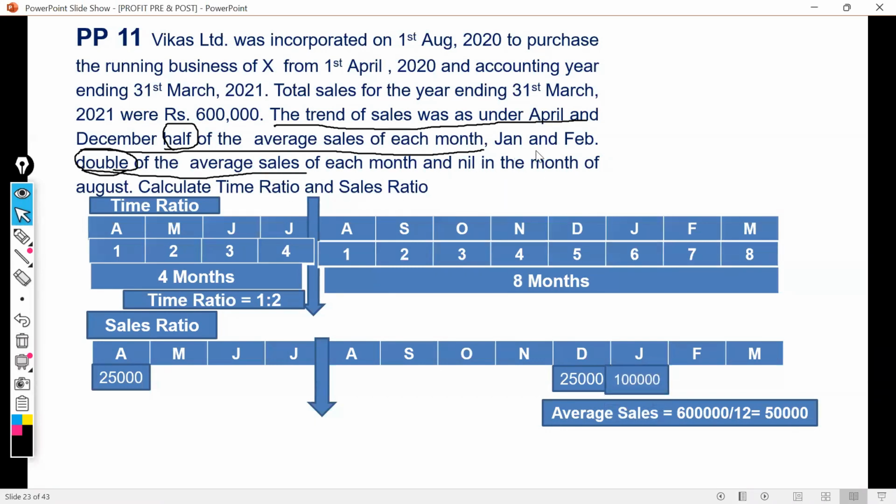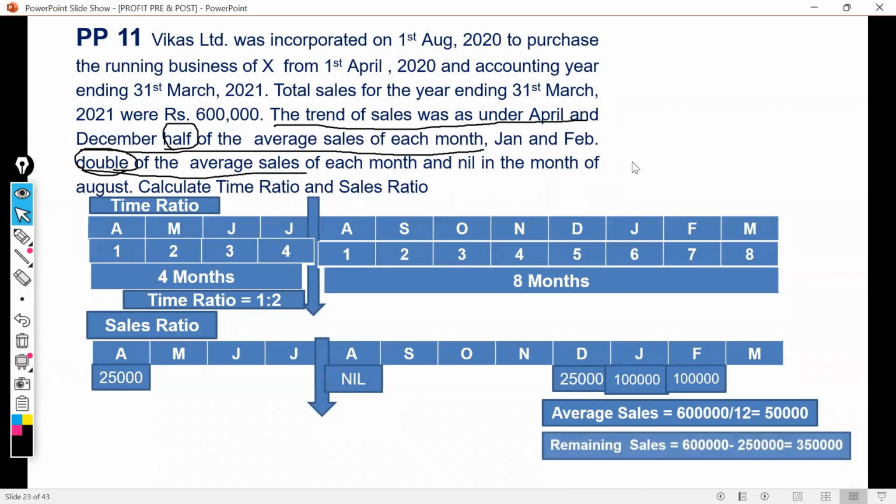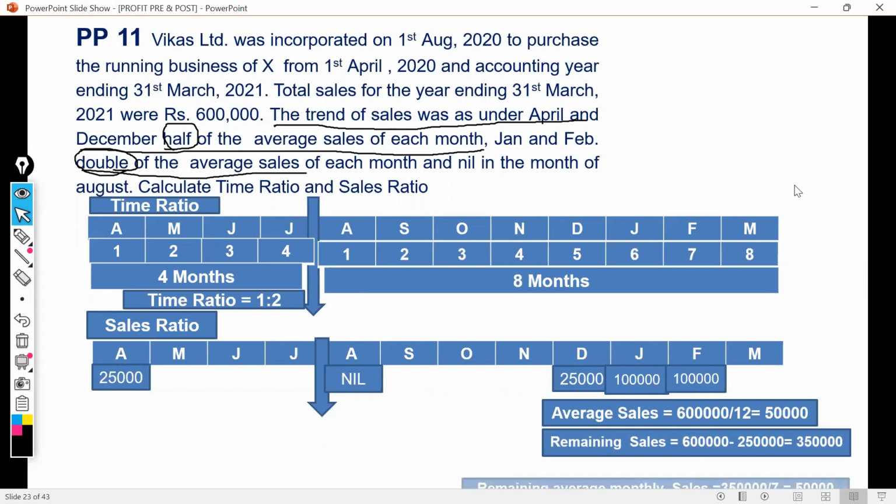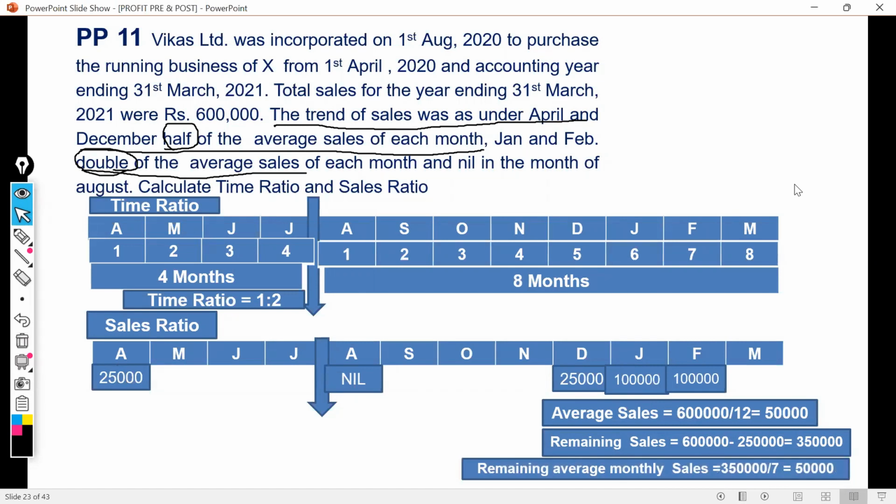Then January and February, double of the average means 1 lakh, average 50,000 and double of the 50,000 is 1 lakh. And after that, in the month of August there are no sales. After that, remaining sales is 1 lakh, 250 minus 6 lakh, 350 is remaining sales, and the remaining months are 7.